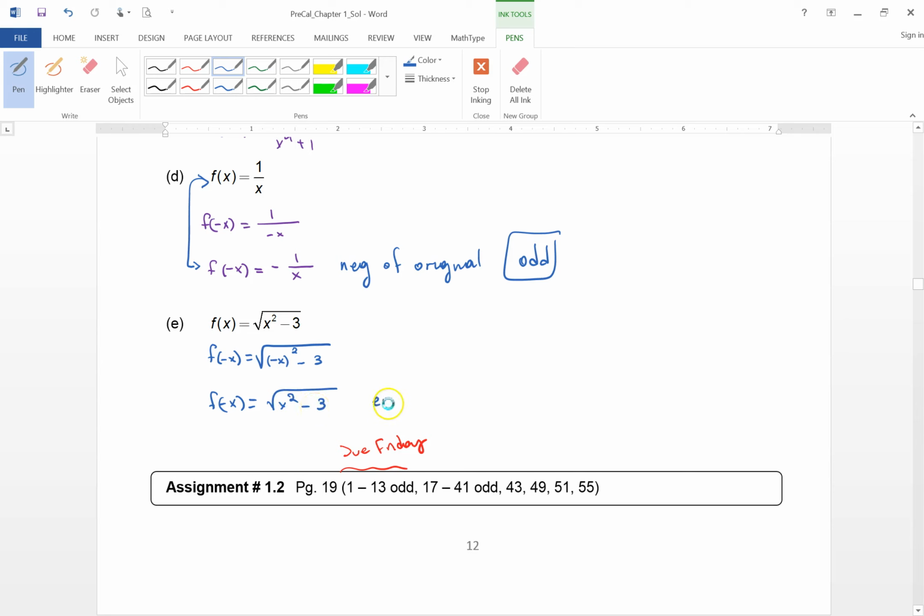Even. All right? So at first glance, they're scary. When you look at them again, not so scary. So you always plug in negative x to find if it's even or not. And what if only one of the terms switches signs? Then it's neither.